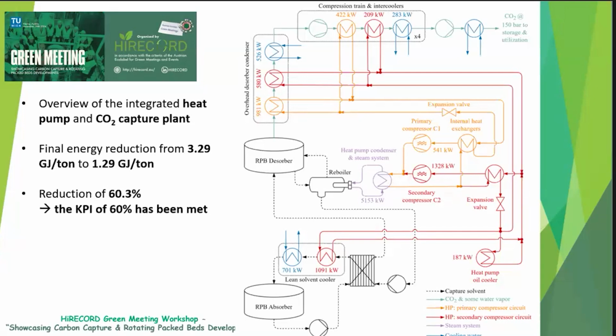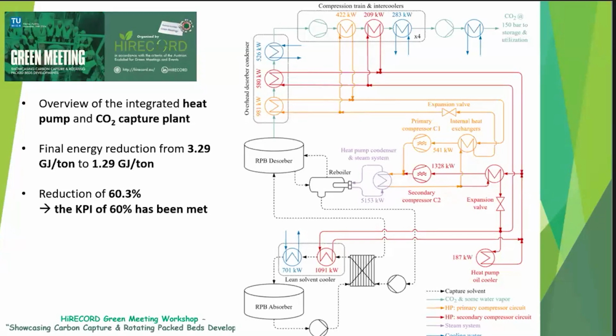I think one of the most important results is that Bob has calculated that for the conventional process without any heat integration you would need about 3.3 gigajoules per ton of CO2 captured. By doing this exercise, you can bring this down to 1.3 gigajoules per ton of CO2 captured.